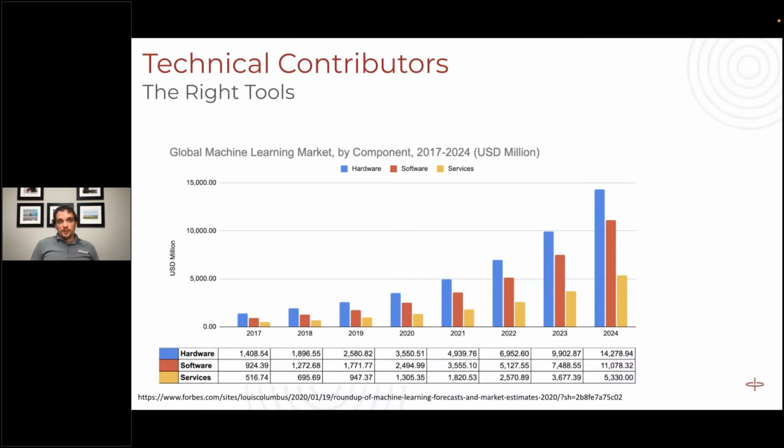One thing that's really interesting when you look at machine learning as a whole, just within the global machine learning market space, these were some projections from Forbes a while back that showed the amount of spend in different categories of hardware, software, and services around machine learning from 2017 up to 2024. You can see this graph is showing just a constant increase, and it's not getting any slower.